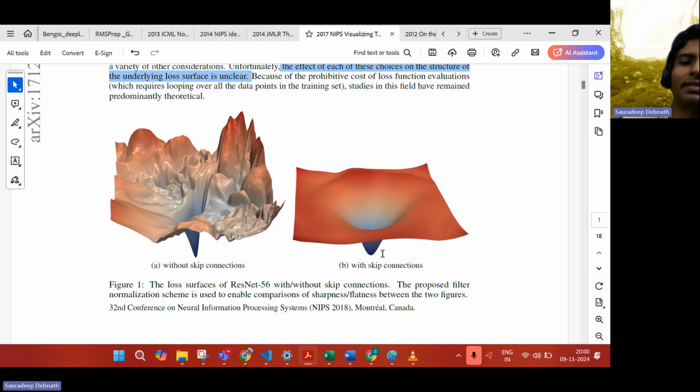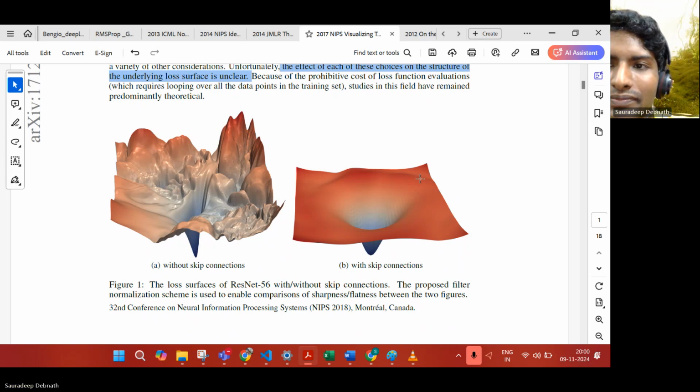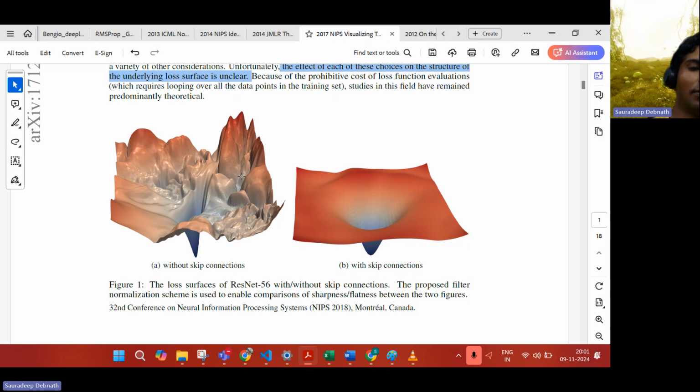And in the right one, it's simpler. Just a disclaimer though, this is a simplified visualization, so it's not quite so plain and simple. It just has less non-convexity. So in general, neural networks, as you can see, have not just one minimum but multiple minima. We call the other ones local minima.